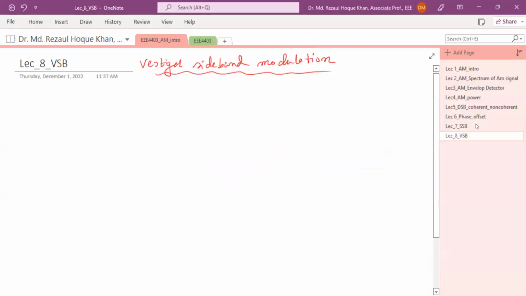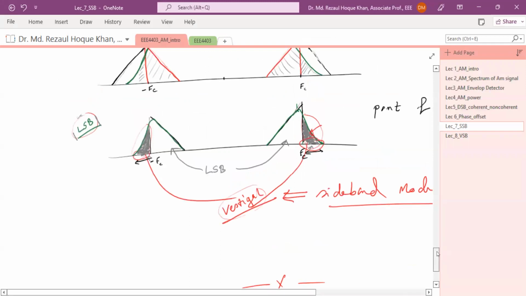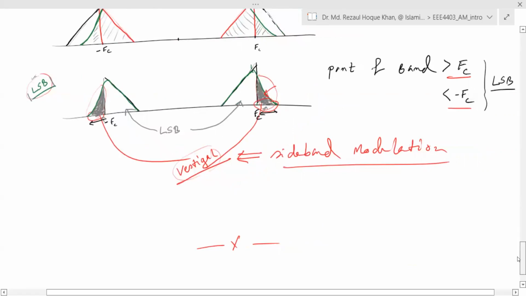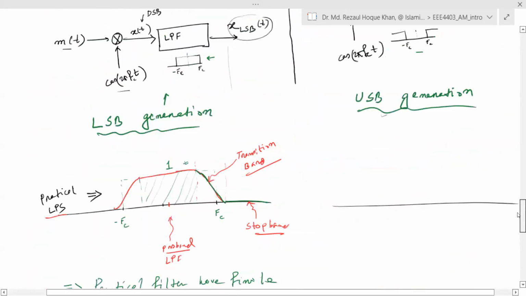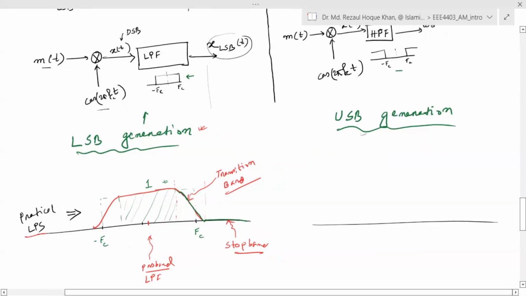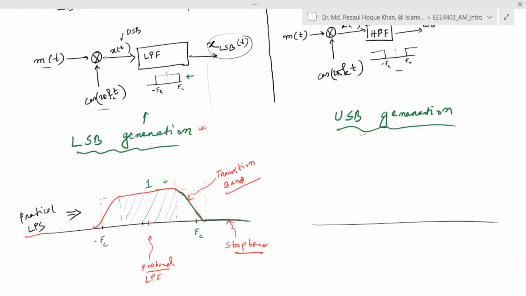In our previous example, I gave you the example of LSB generation, lower sideband generation, not the upper sideband generation. Actually, these are the same mechanism, either lower or upper. Let us start with an example of upper sideband generation, so that we can continue from this portion.